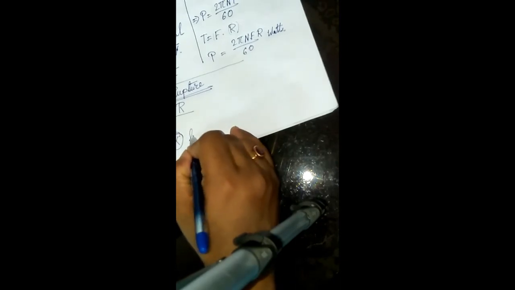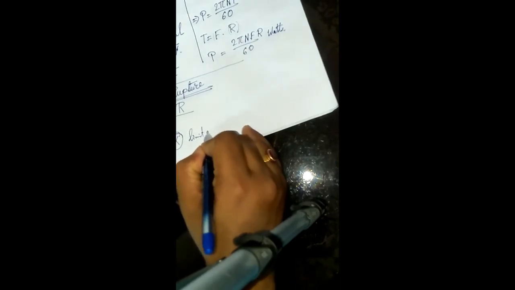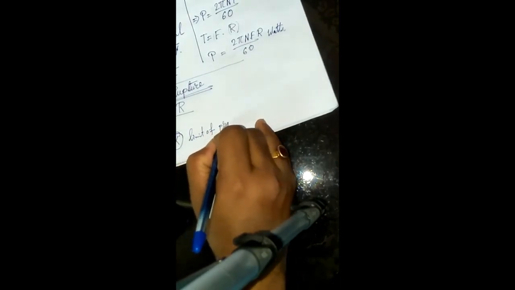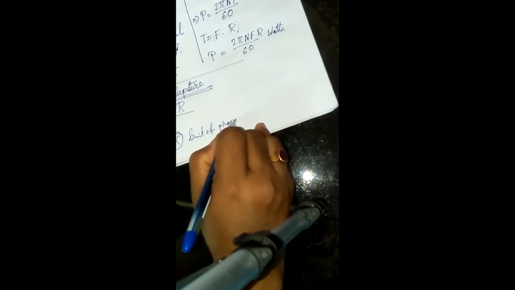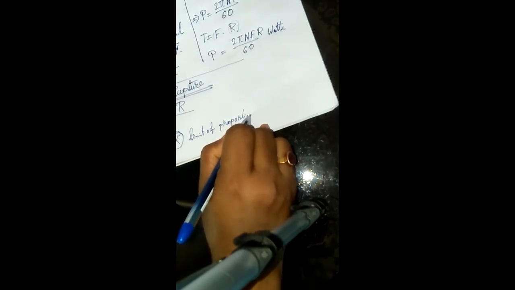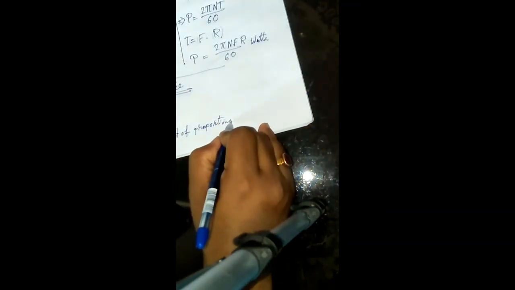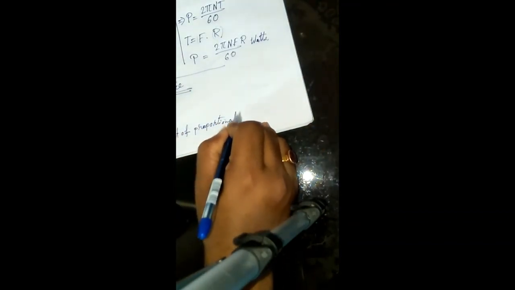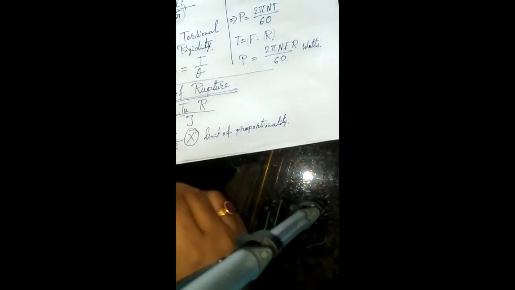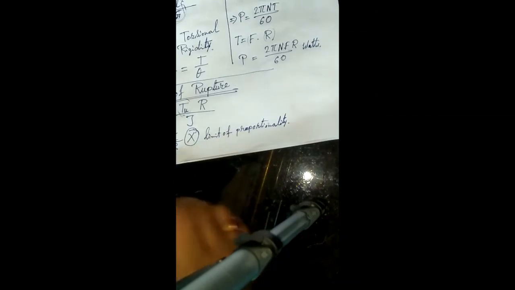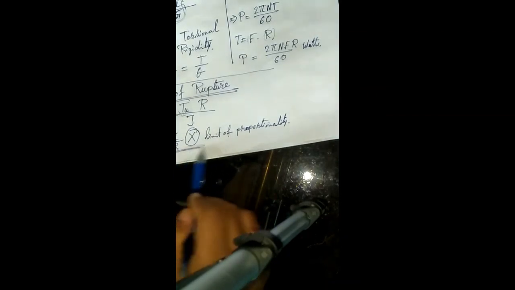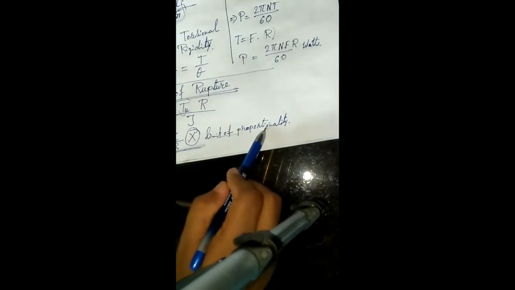The torsion formula, T by J equals tau by R, is not applicable beyond the limit of proportionality.